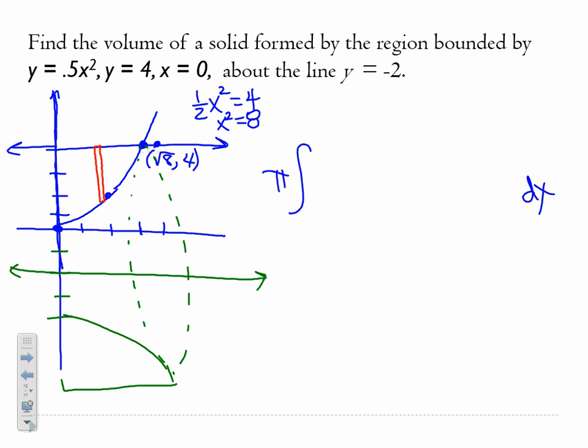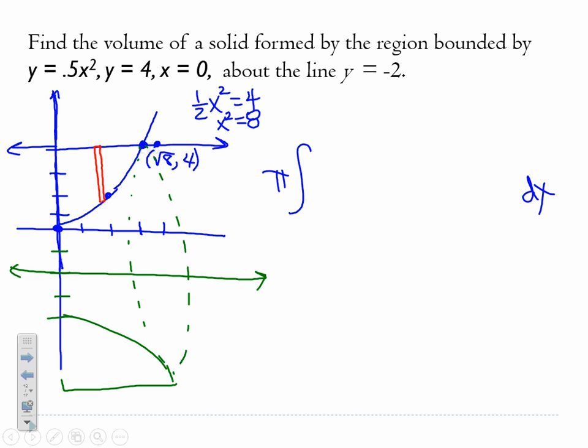Now we have washers, so we need radius squared minus radius squared. Let's talk about our biggest radius. It goes from y equals 4 to y equals negative 2. The top of our rectangle is the furthest away. So how far is it from y equals 4 to y equals negative 2? 6.